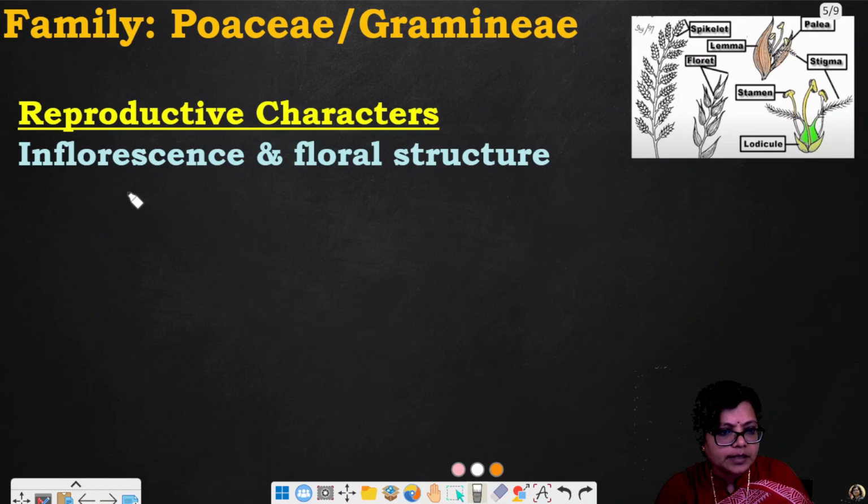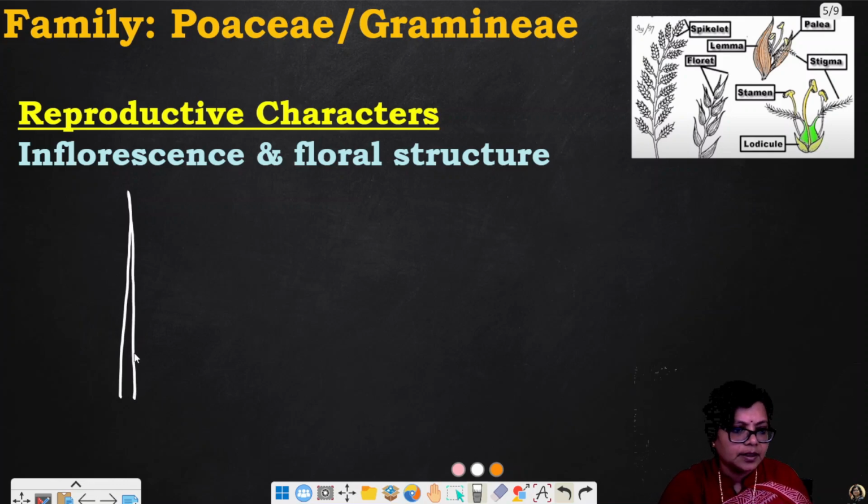If I draw one spikelet, many florets develop on the central axis called rachilla.